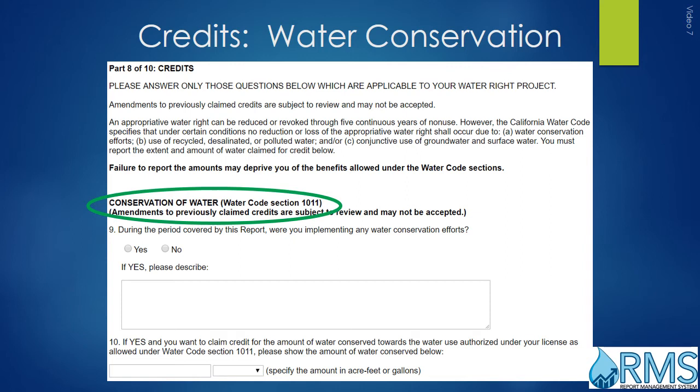Water conservation can include any documented change in practices that quantifies the reduction in water use when compared to historical methods of use as authorized under the water right. Indicate the amount of water that was conserved and the units of measurement.